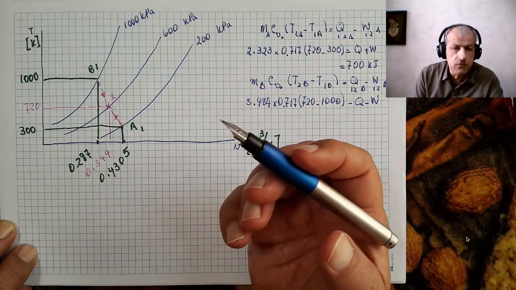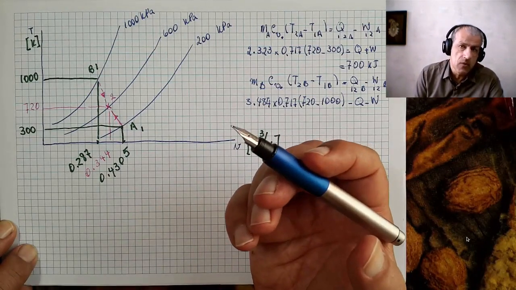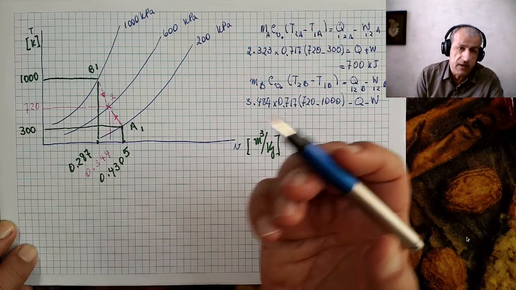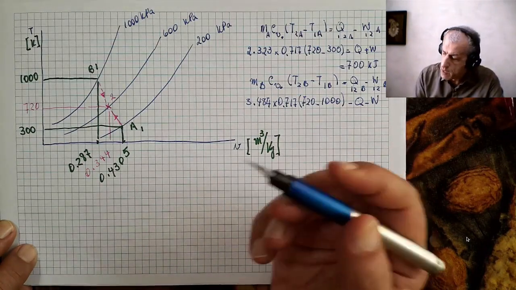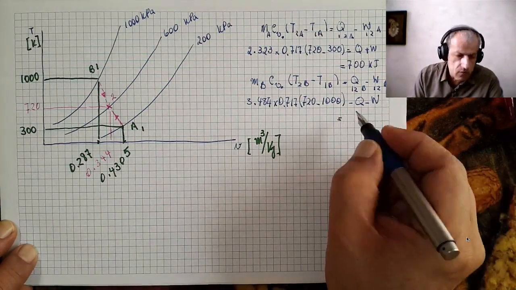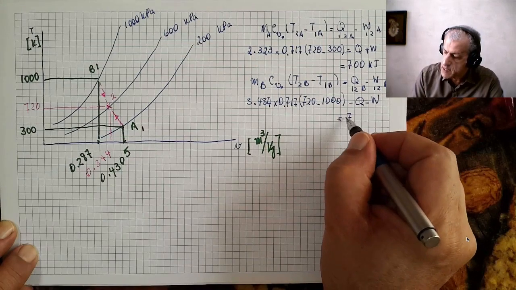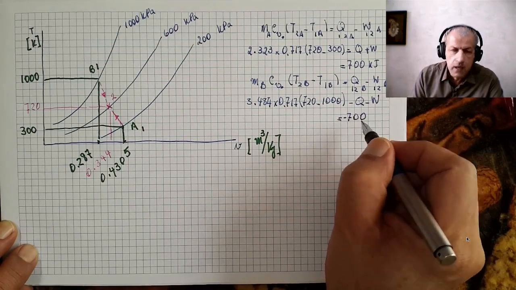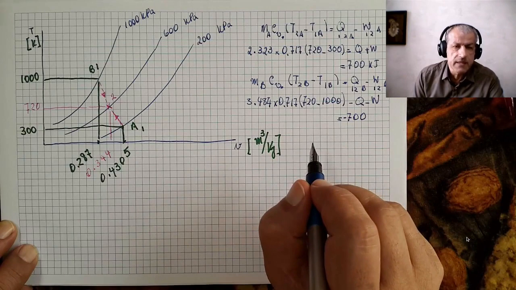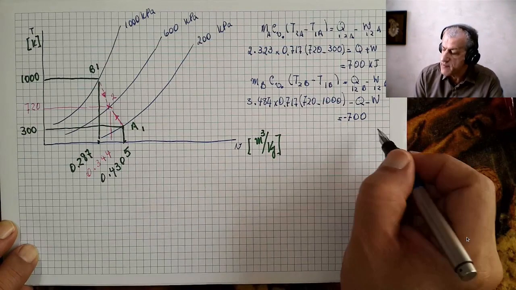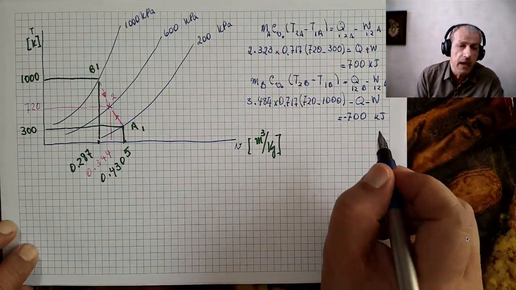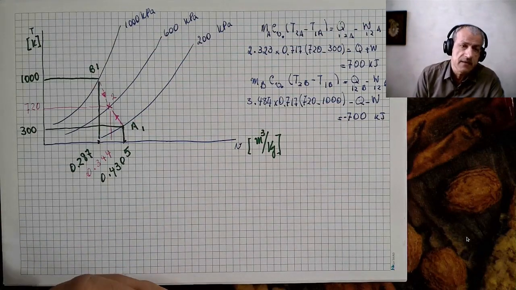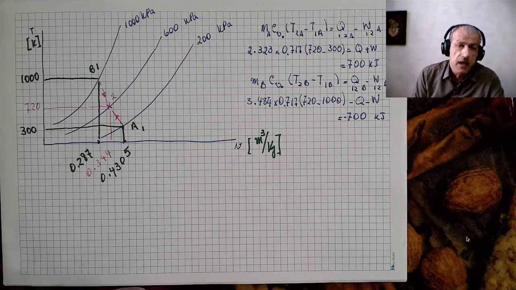We don't know the values, but still we know the signs, and we can implement them. And still this one would be minus 700, which means that B has lost 700 kilojoules of energy and A has gained 700 kilojoules of energy.